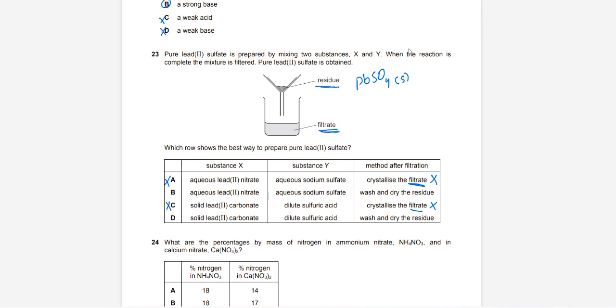Let me tell you, lead nitrate, Pb(NO3)2, plus aqueous sodium sulfate, Na2SO4, gives PbSO4, which will be formed as an insoluble solid, plus 2NaNO3.